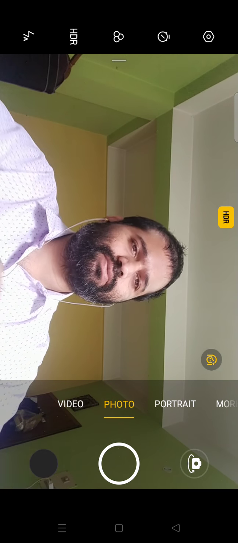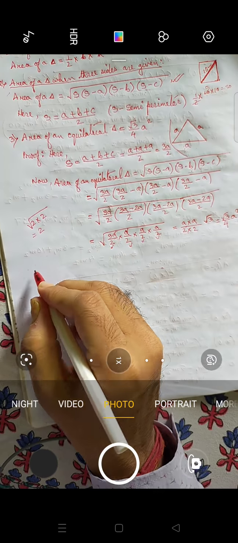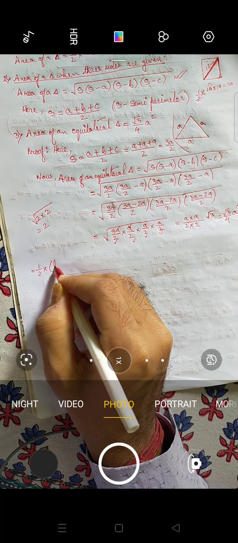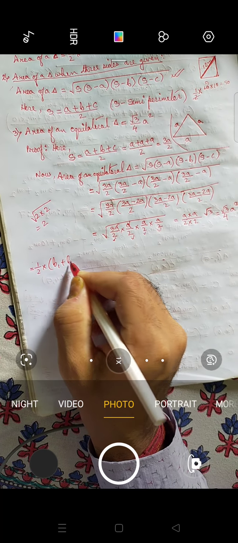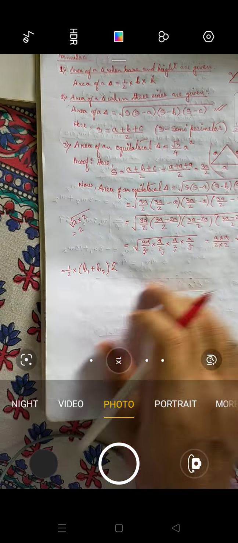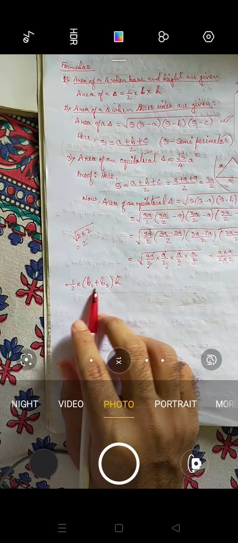I'll show you the formula only. Just see what will be the formula. So the formula is half into bracket b1 plus b2 into h. So this is the formula, half into b1 plus b2 into h.